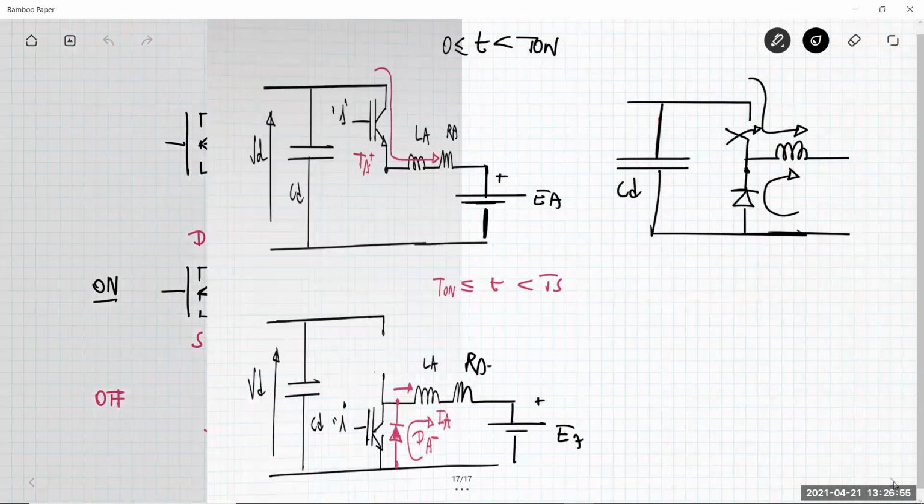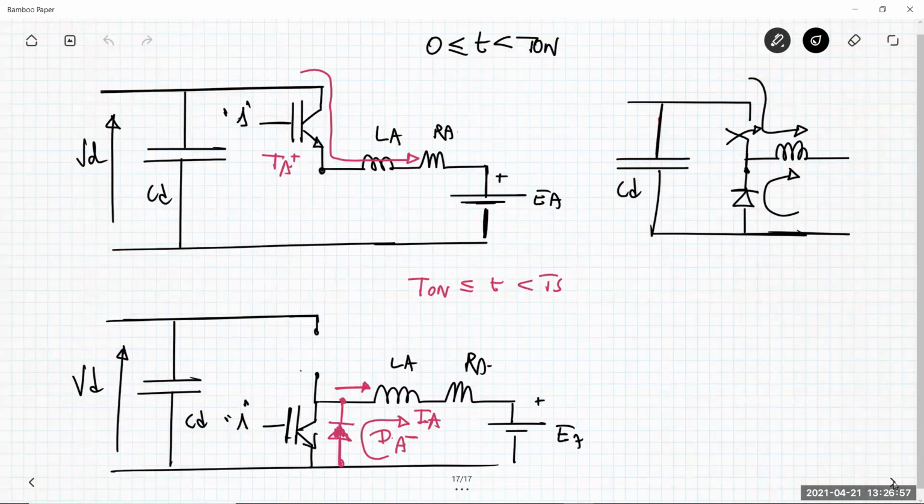Okay, because this is exactly what a buck does. Okay, so it transfers power from the side in which the supply is higher to the side in which the voltage is less, it is a step down converter. Okay, so this is a buck operation.